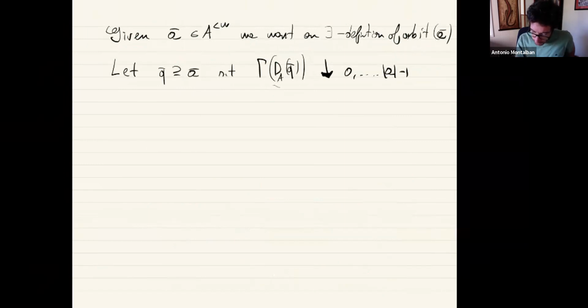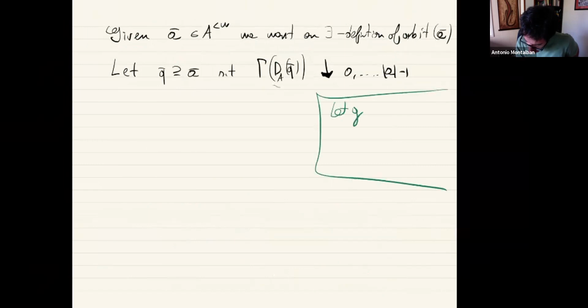Maybe I'll write it on the side. So we let G from N to A extend the tuple A, and then we know the gamma diagram of, and we let B be again the same thing, the pullback of the structure A, and we know the gamma diagram of B is a bijection.